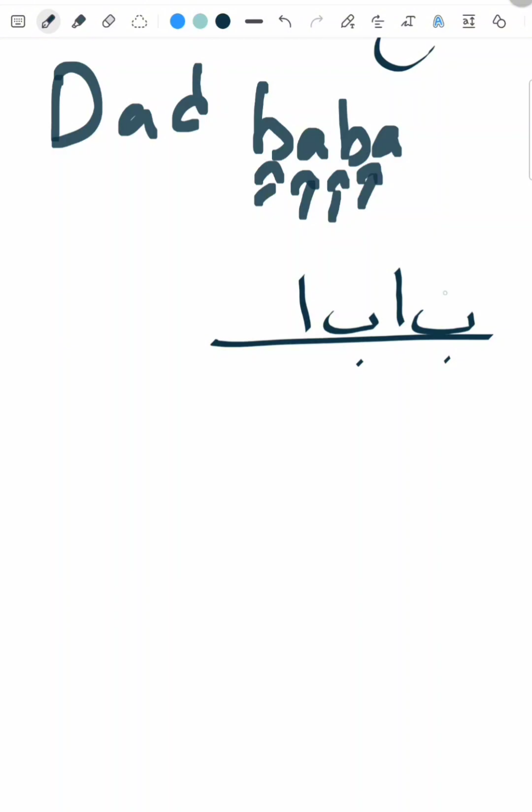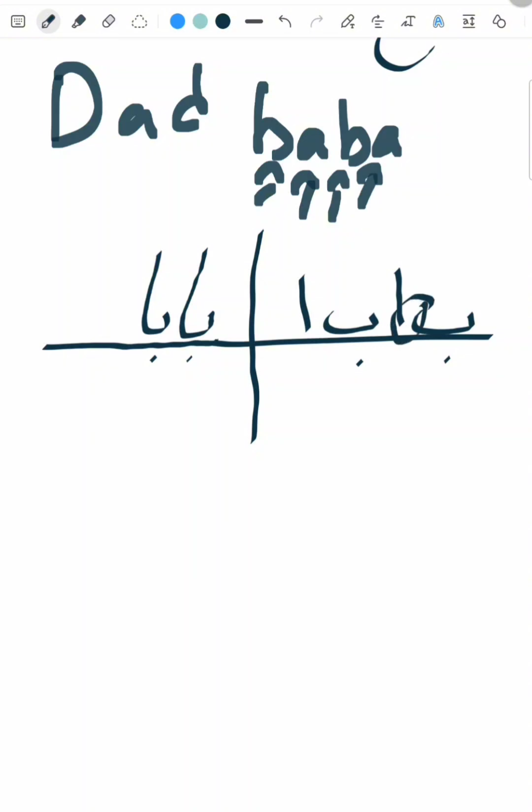Now, the thing in Arabic is we don't leave it spaced out like this. We connect the letters together. Okay, so it will look like this. We blend in this part. We'll come to that in details later on.